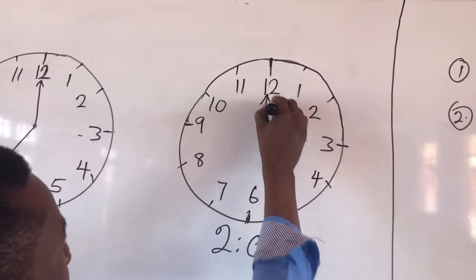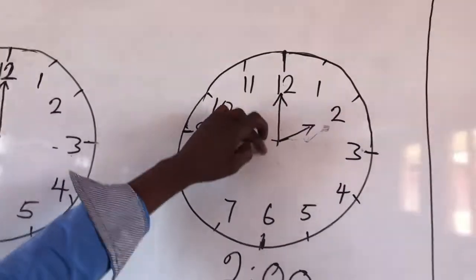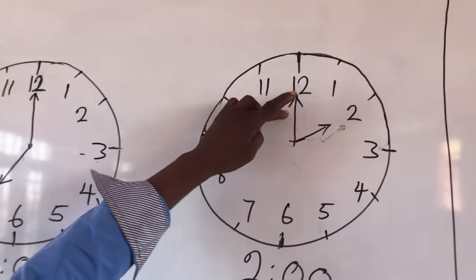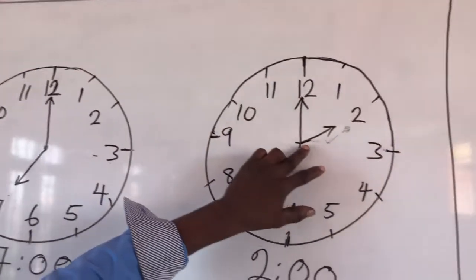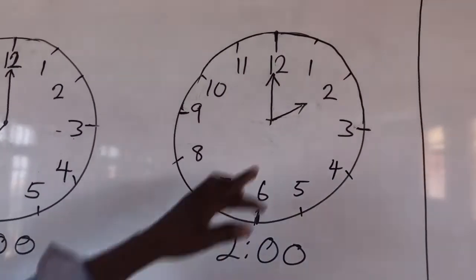When you look at this carefully, you realize that the arrow pointing to the 12 is longer than the one pointing to the 2. This is the hour hand showing the hour 2.